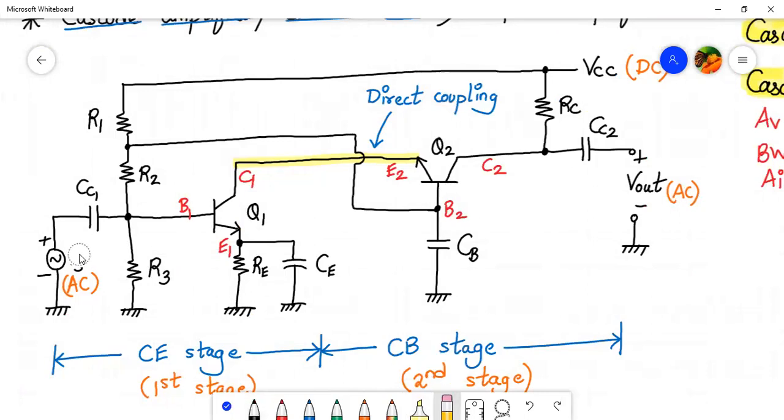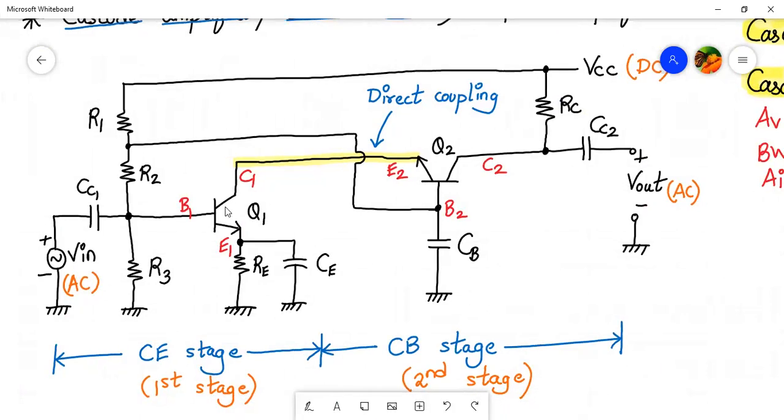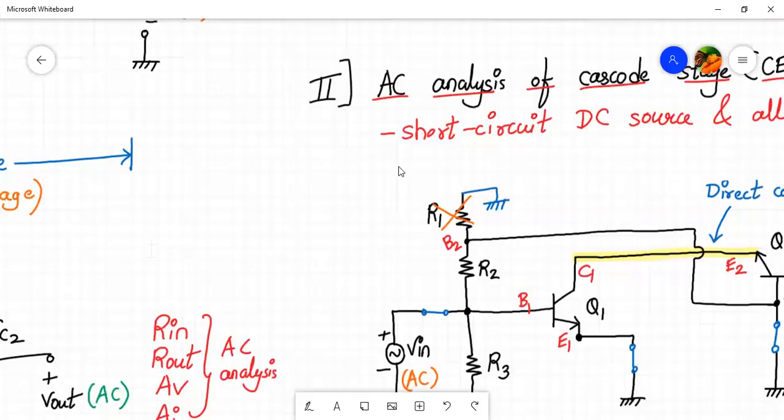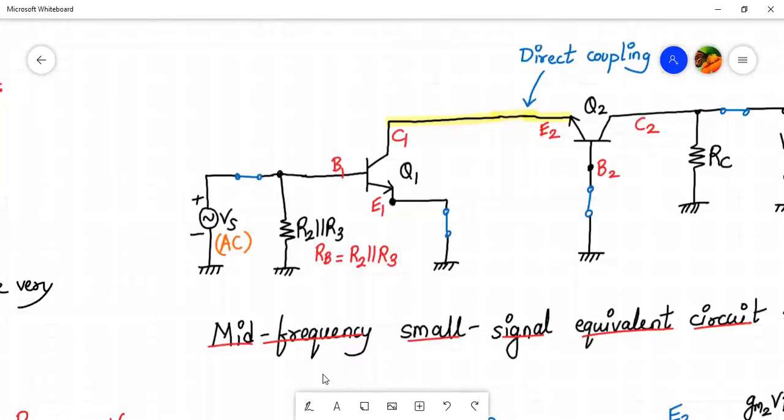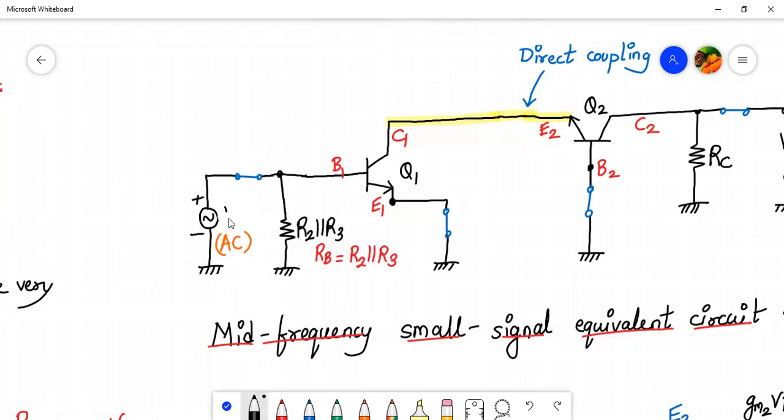We again call over here, call this as V in instead of Vs. And here also I'll be calling it as V in. Let me do the changes everywhere so that there is no confusion later when you refer the handout. Yeah, this is V in.